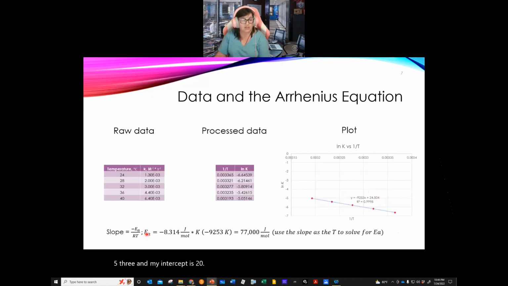So I have EA equals negative 8.314 joules per mole Kelvin times negative 9253 K equals 77,000 joules per mole. And we use the slope to solve for EA. Okay, so we've solved for EA here. So that's my activation energy. I was able to use this graph to do that. And that's something you should be able to do as well.